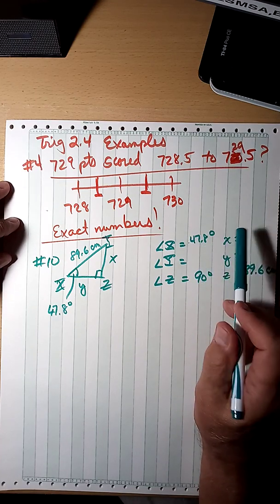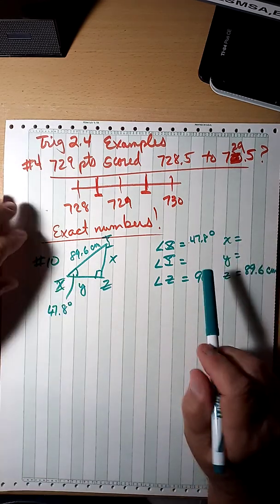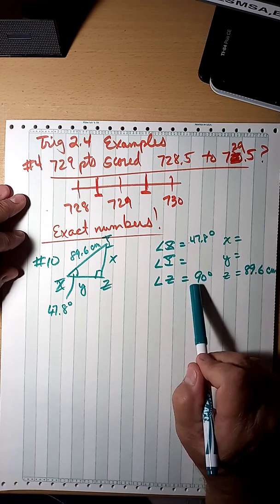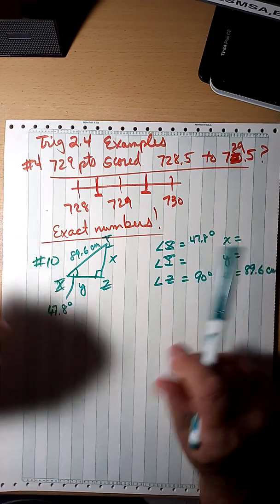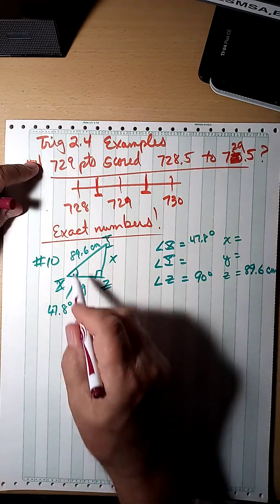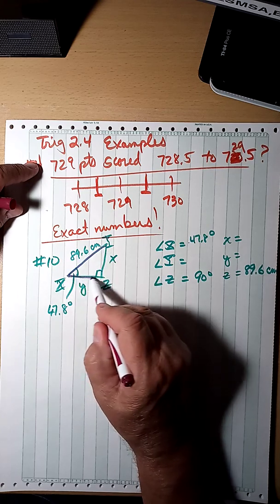So this is what I'm going to say. Maybe this is number 10, I won't be able to look it up. I would follow what's given, not the 90 degrees. That's an exact answer. But this angle y I would do to the nearest 10th of a degree. Okay, so how do you find these? Well, let's see. We know this angle. We know the hypotenuse.